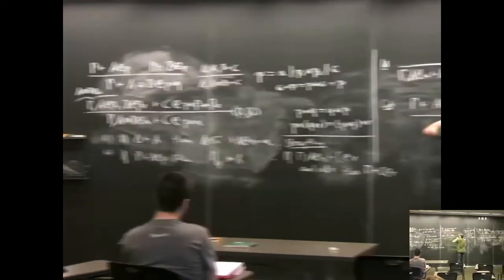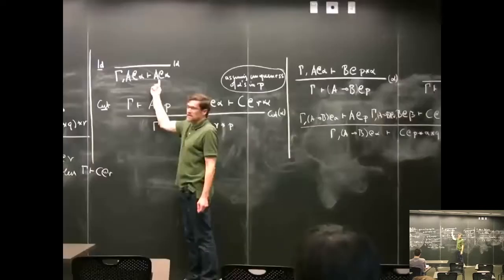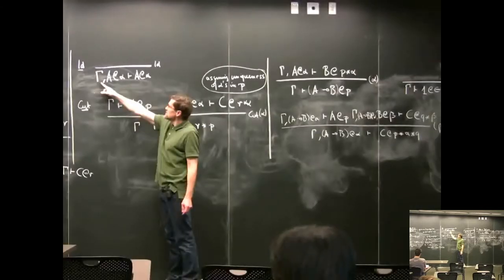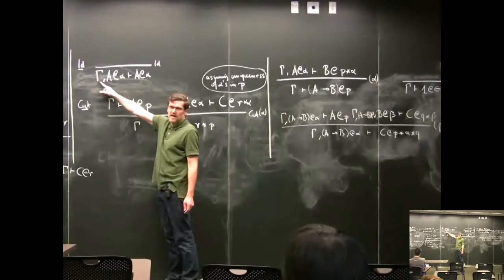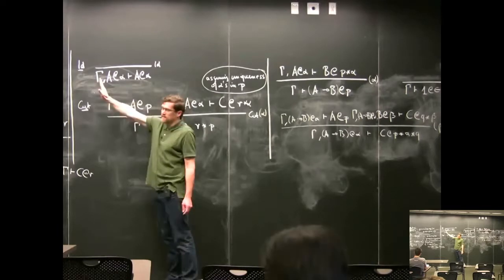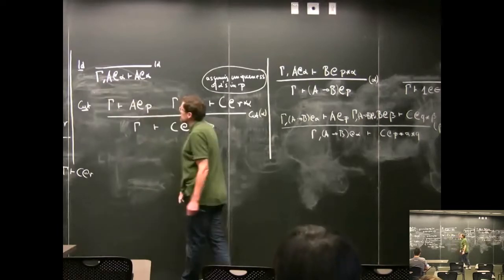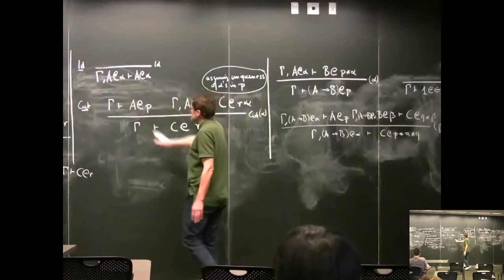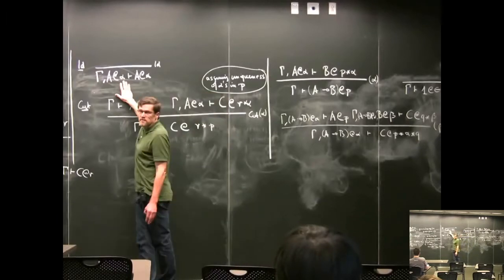We need to show that in the linear case, we can prove A from A. And we need the assumption that there is no occurrence of alpha in gamma, that every assumption has a distinct alpha, so that all of gamma gets erased as part of this. So that invariant we need. It's very important that in one of these sequences, there is no assumption labeled more than once with the same alpha, or the soundness would fail.